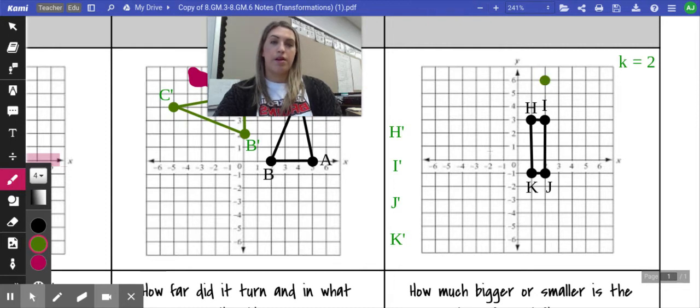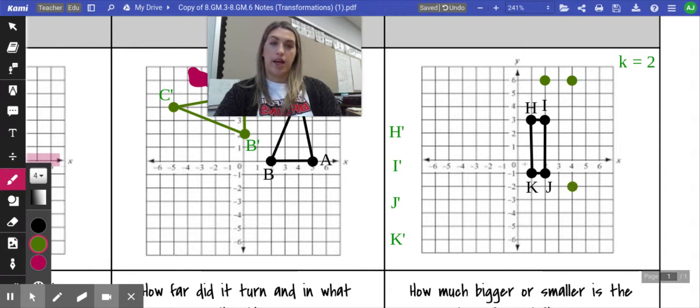Point I is at 2, 3. If I multiply both of those by 2, I get 4, 6. Point J is at 2, negative 1. If I multiply both of those by 2, I get 4, negative 2.